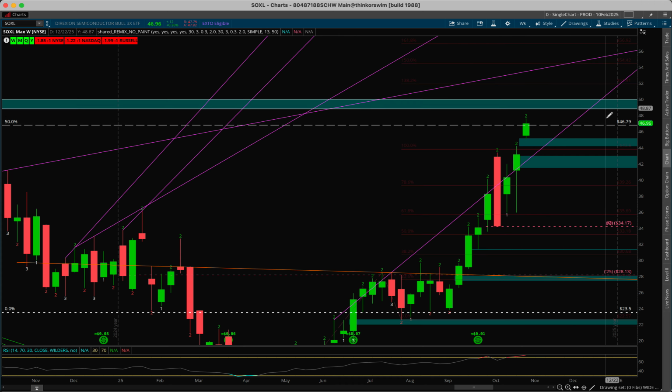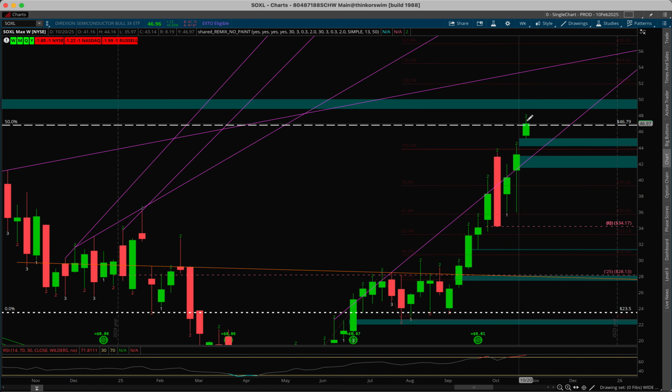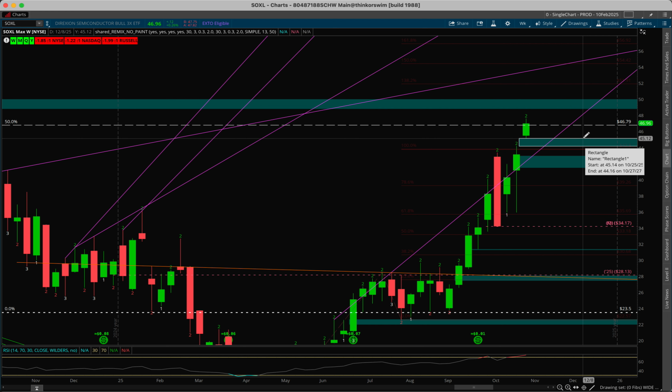So kind of in a, I don't want to say no man's land, but a land where we could see some more sideways action before we get the further push to the upside. But I do think there is more upside to be seen. There's not a whole lot as far as resistance in this area, other than last week's 50% level, and it's a point of inflection, but it's not a true resistance level, right? So we could easily just push right through it.